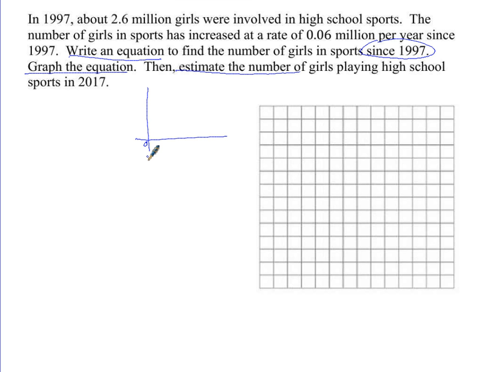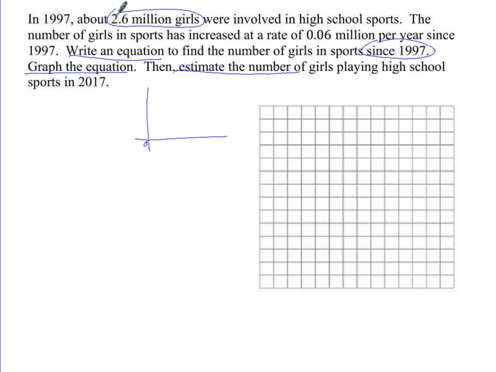Right there, okay? Time is 0. So in 1997, if I knew how many girls there were in sports, then I'd be able to go up to that number, and that number would be my Y-intercept, that's right.